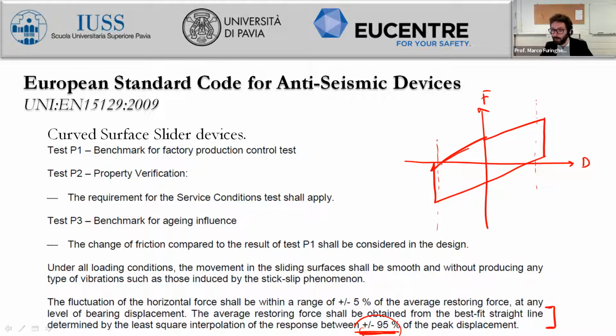And then we have to, okay, let's consider that here we have something irregular, and also here, because this is experimentally recorded. And here we have to compute the numerical best fit curve, linear curve for the computation of the average restoring force.